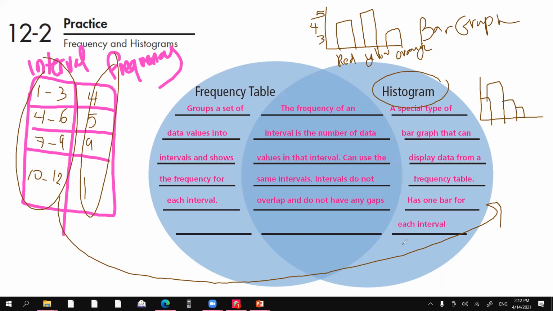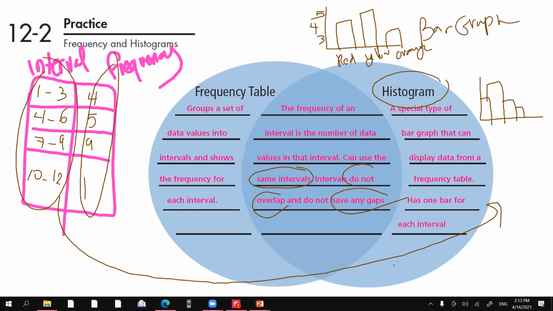They mustn't overlap, and they must have the same interval length. This is for the histogram. Both the frequency table and the histogram must have the same interval length, no overlap, and no gap. This is what is common between the frequency table and the histogram.